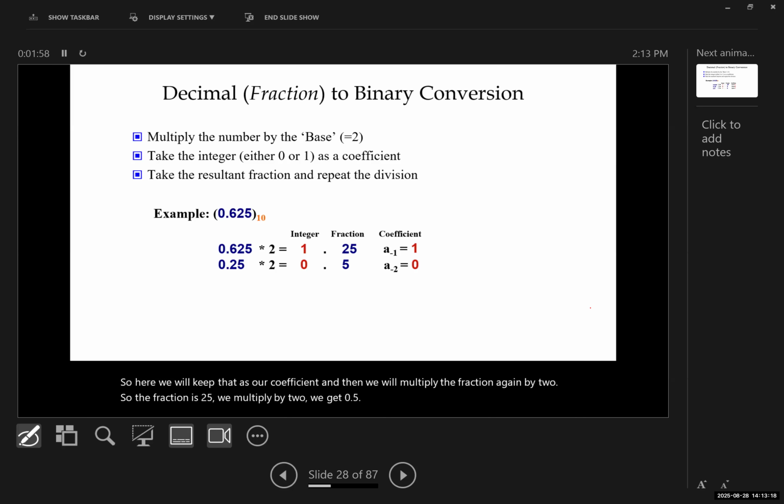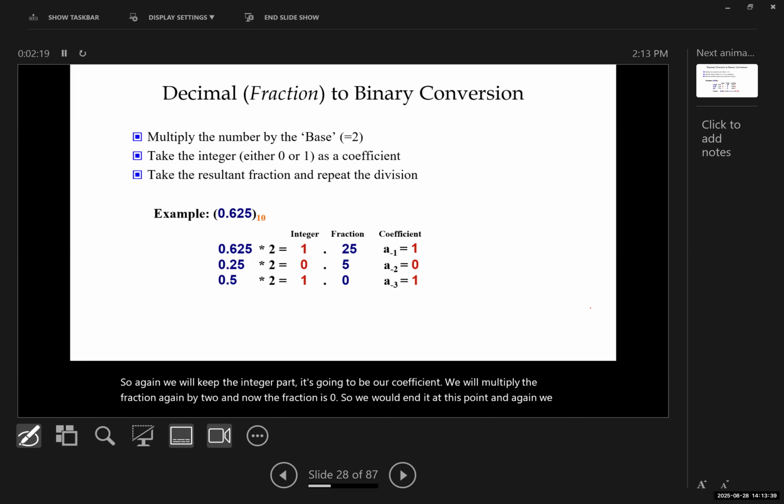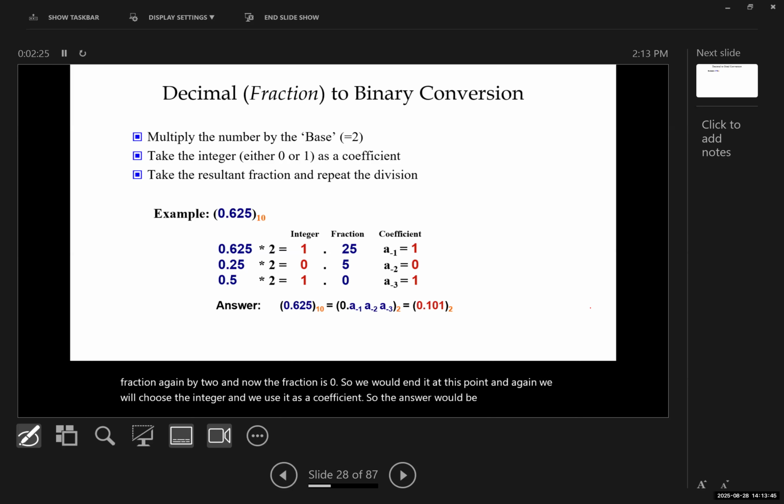We continue this until the fraction part is completely 0. Again, we keep the integer part as our coefficient. We multiply the fraction 0.5 again by 2, and now the fraction is 0, so we end at this point. We keep the integer as a coefficient. So the answer would be 101.